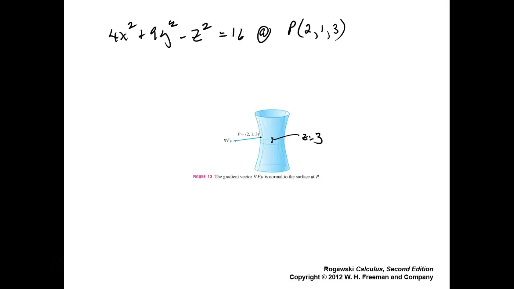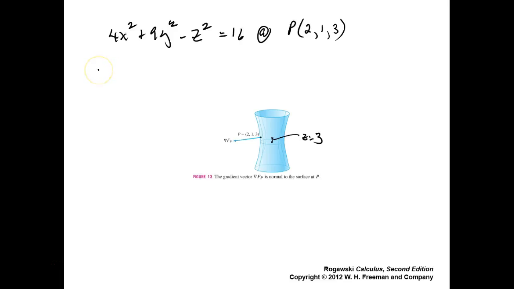Okay. Now, find an equation of the tangent plane to the surface, that surface right there, at P equal to (2, 1, 3). We're looking for the equation of the tangent plane.